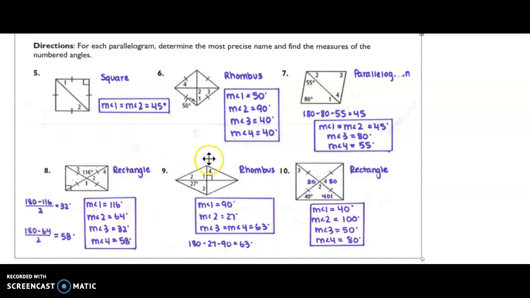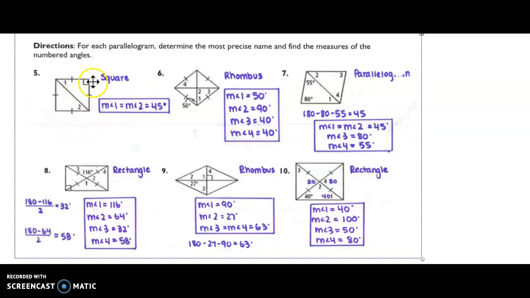And then, this is the blank version, I believe. You were just given the diagrams, all right? And so you were asked, based on what you can conclude, what's the most precise shape that you can name? Okay.